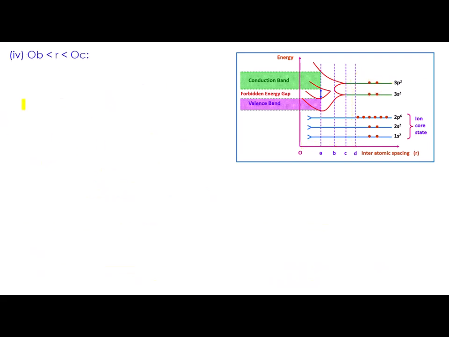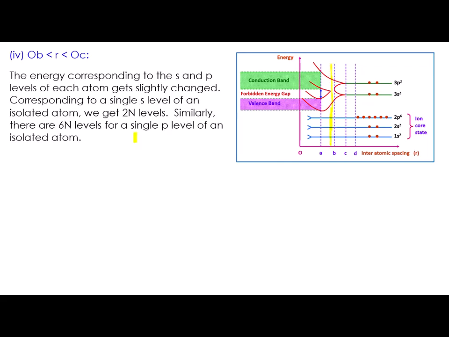Now, in this region where R is between OB and OC, you will see that the energy corresponding to the s and p levels of each atom gets slightly changed. Corresponding to a single s level of an isolated atom, we get 2n levels in this lower band.